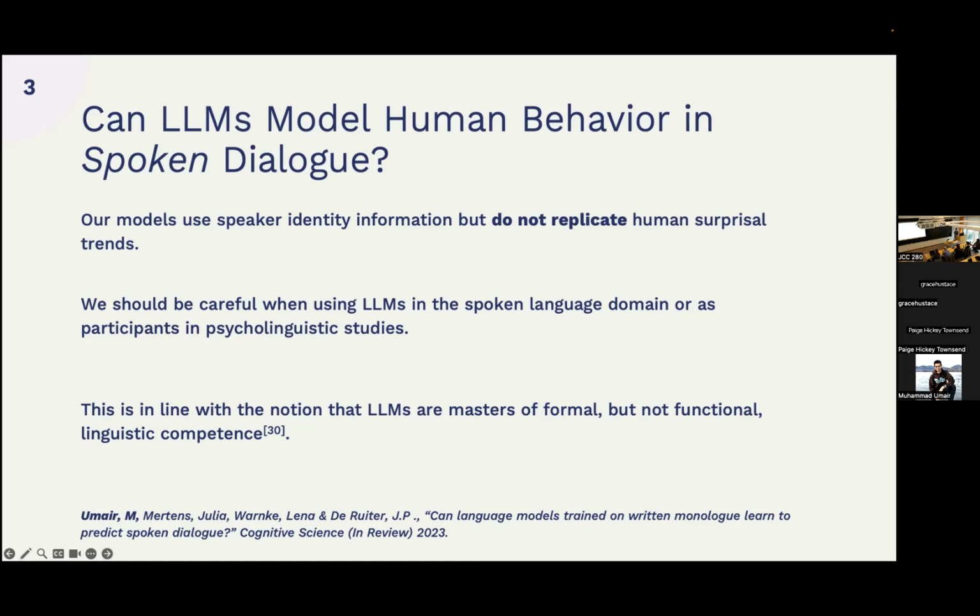And this is in line with some previous research that suggests that these models learn formal competence, which is something like statistical rules, the patterns of words, or the norms in the language, but they're not learning functional linguistic competence, which is how those words could actually be used or how you could use upper level knowledge, such as speech acts, to predict upcoming conversation.